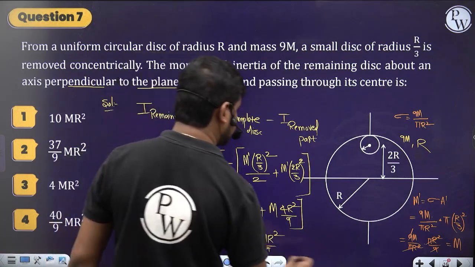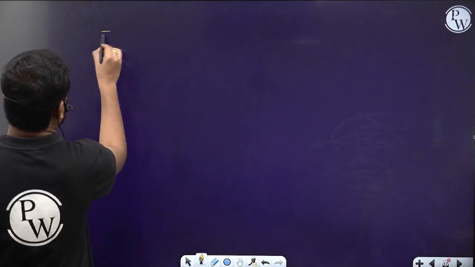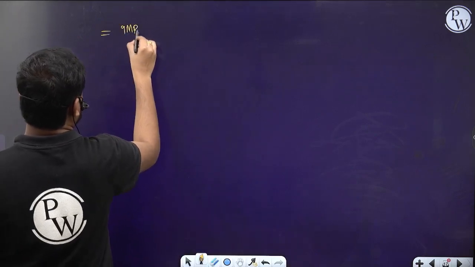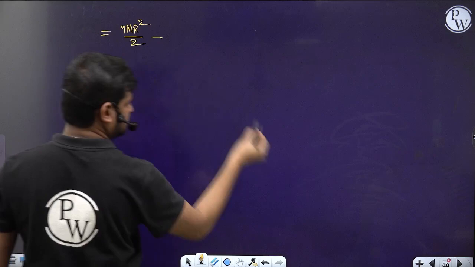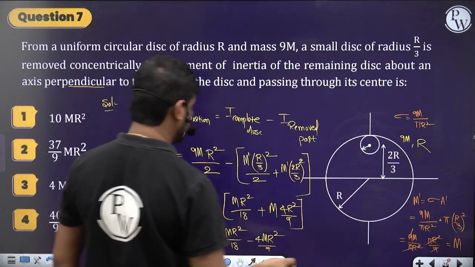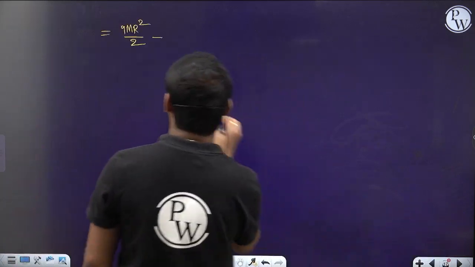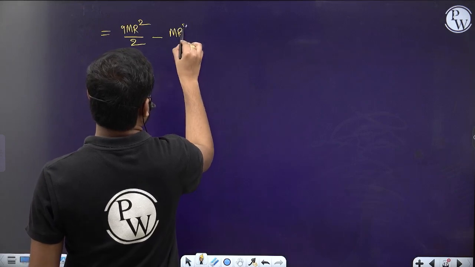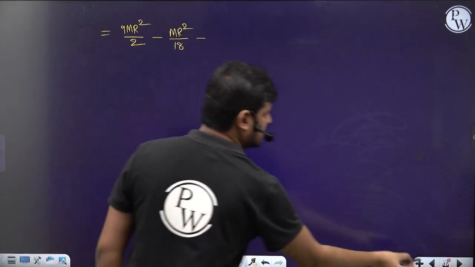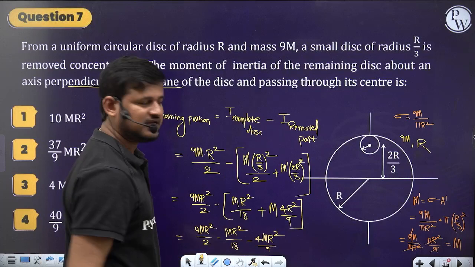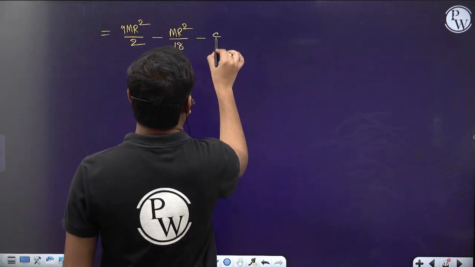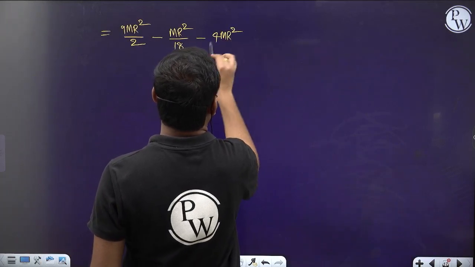Yes, so you can take the LCM there. Again I am writing the same: 9 mr square by 2 minus mr square by 18 minus this part, 4 mr square by 9.